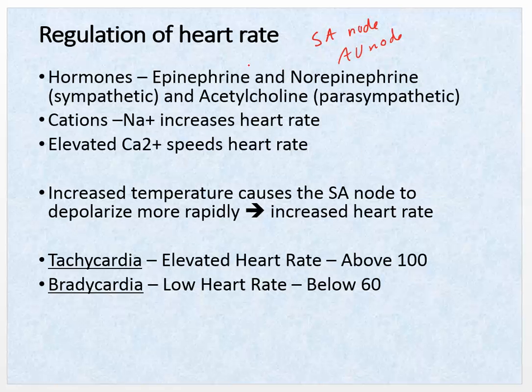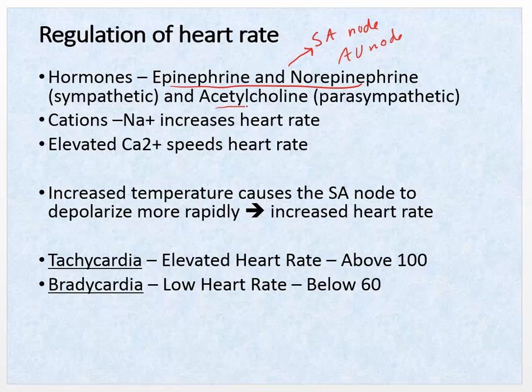When your sympathetic nervous system releases epinephrine or norepinephrine onto the SA node, that will speed up the heart. It also sends it to the AV node to keep them in sync, so the AV node doesn't go too much slower. It's still lagging behind, but it's trying to stay on the same pace to work as that backup.